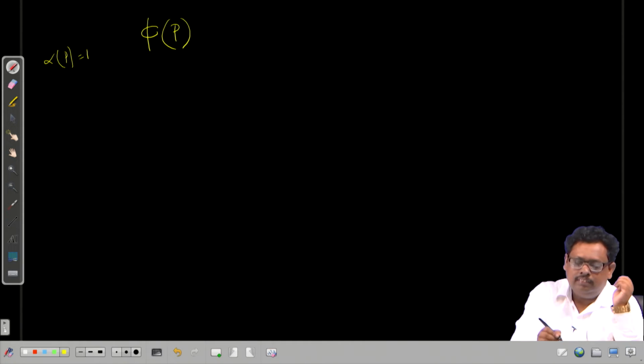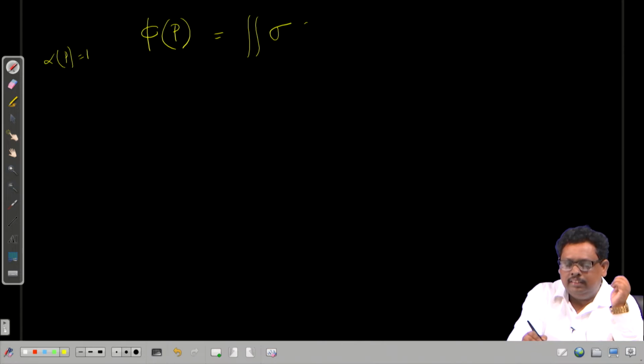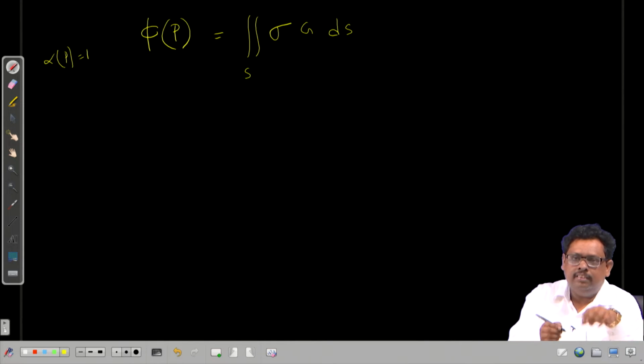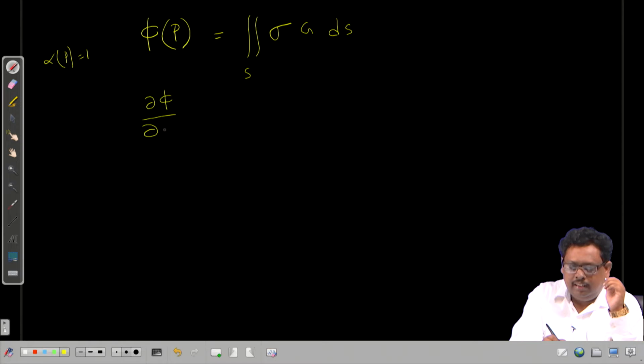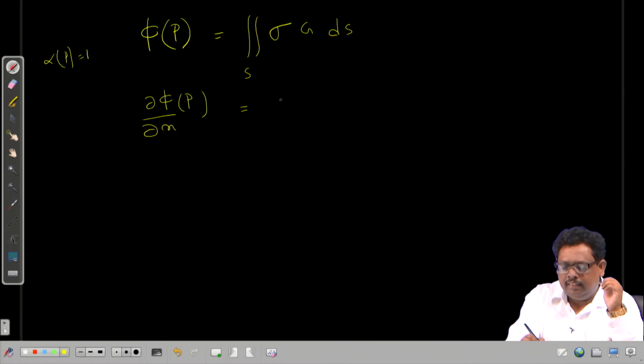Then for the source panel method, the potential is sigma into G into dS over the surface S. Now if you differentiate with respect to n, the left hand side becomes del phi del n at p, and sigma comes out, and over S it is del G del n into dS.